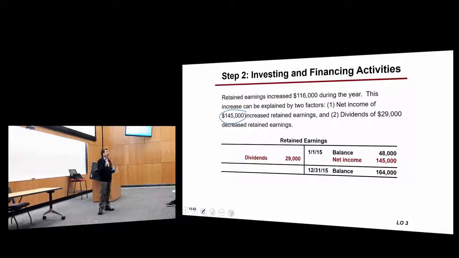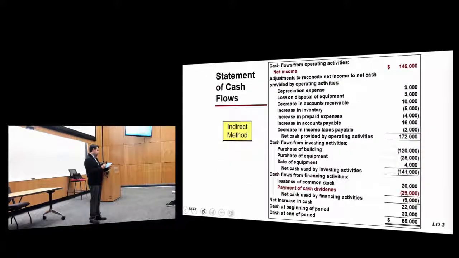We do not care about this number now because we started with that number in operating activities. That was at the beginning. But the company also paid dividends, $29,000. They paid dividends. This is a cash outflow, so it will be deducted here.